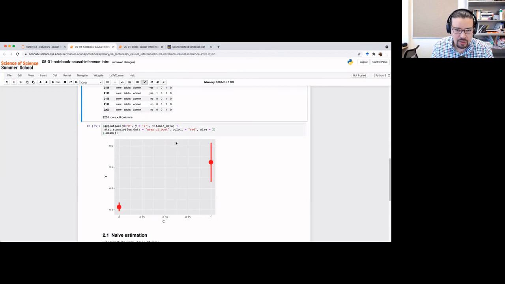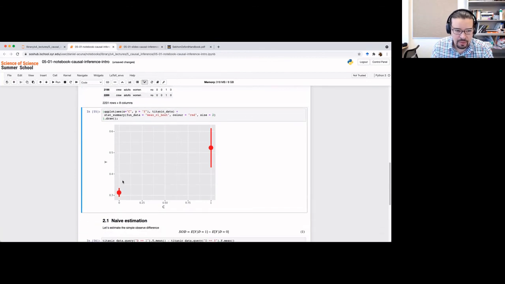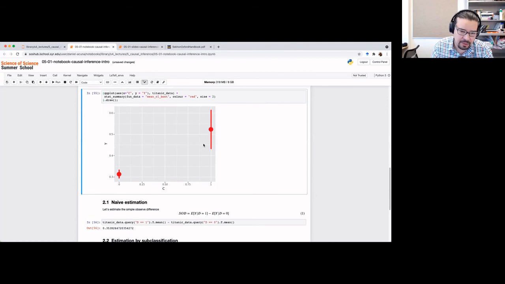Okay. So if I measure the naive relationship between class and whether you survive or not, it's a pretty big effect. If I just take the observational data, it will be 0.5 something minus 0.3, so a pretty significant difference between these two.